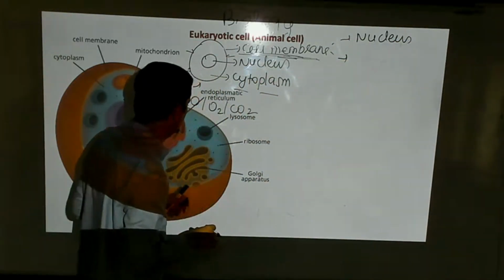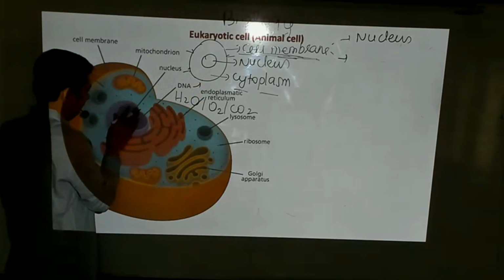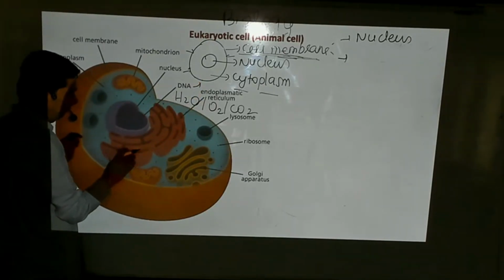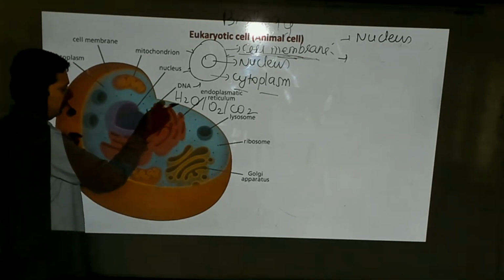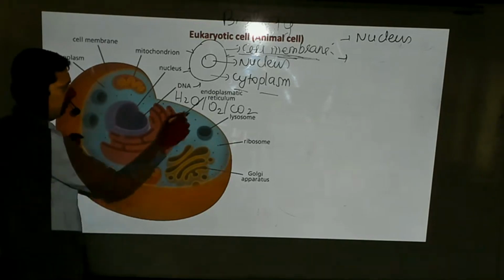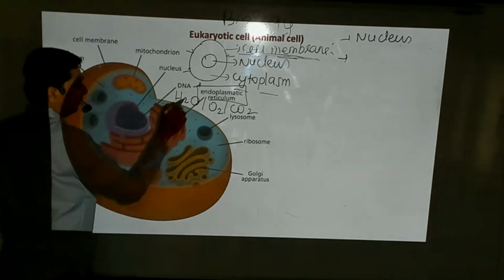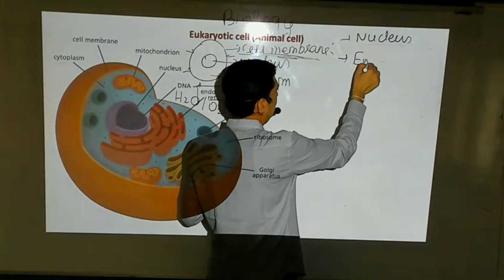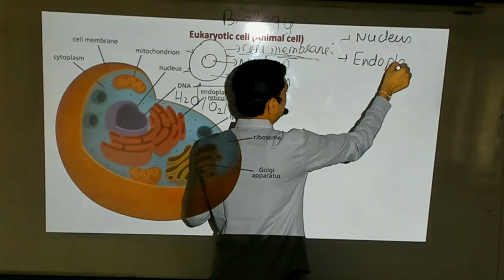To begin with, if you observe, very close to, almost associated with the nucleus, we have some membrane like foldings. Okay, this is another organelle called endoplasmic reticulum, or in short it is called ER, endoplasmic reticulum.